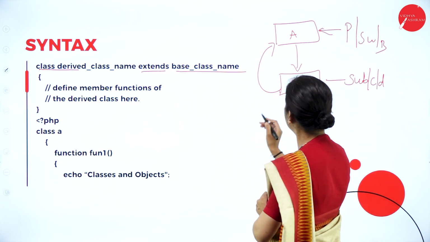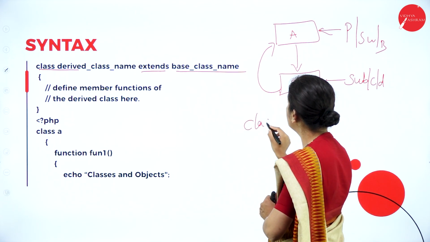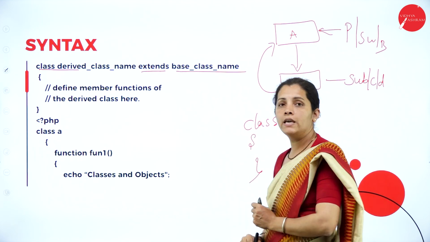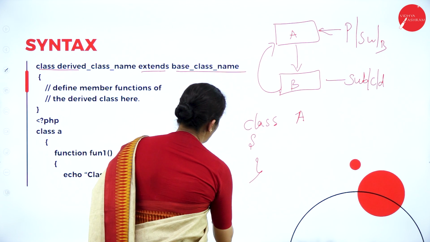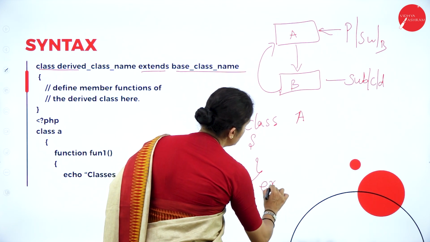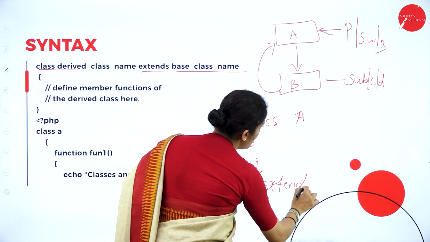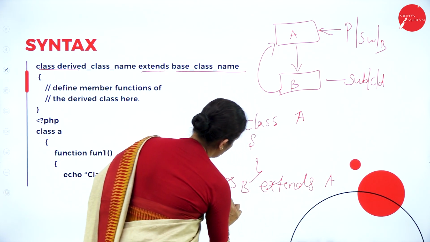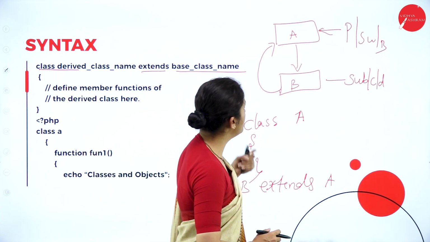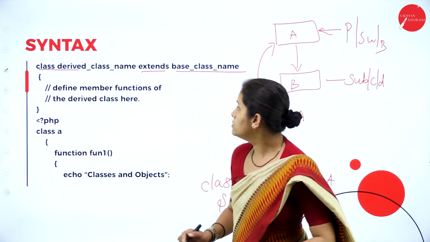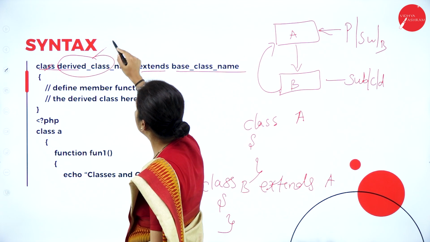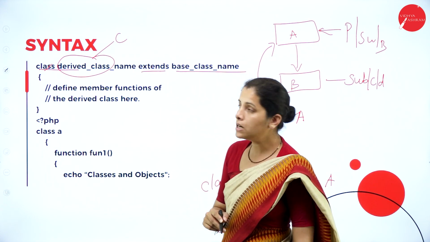First, I want to create a class called A. It can have its own properties. Now I'm going to create a class called B, and this B extends the property of A. Now we can have all the properties of A, in the sense all the belongings of A. See here, the child class is nothing but the derived class.